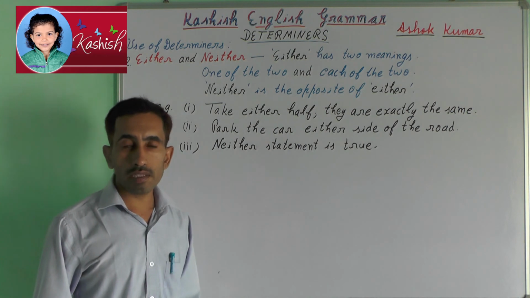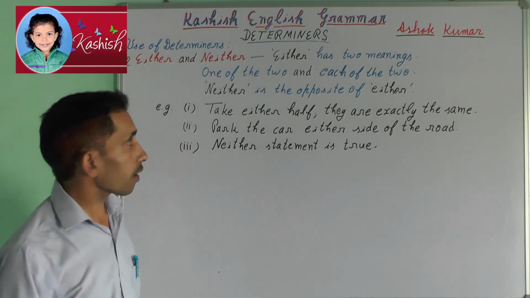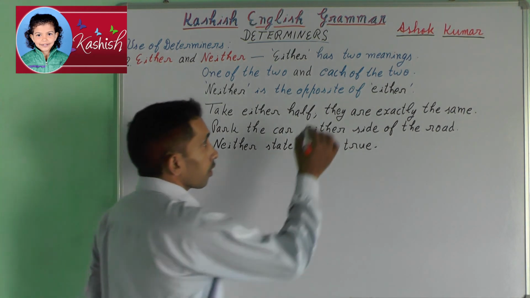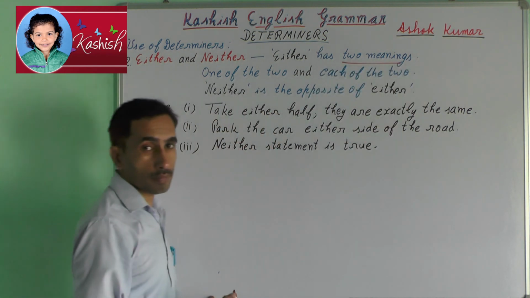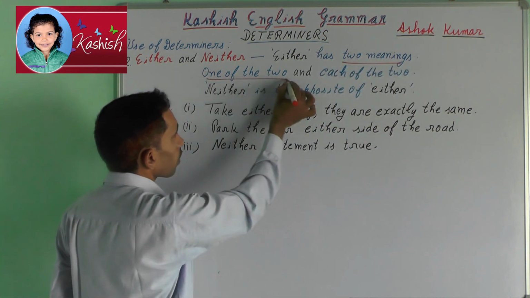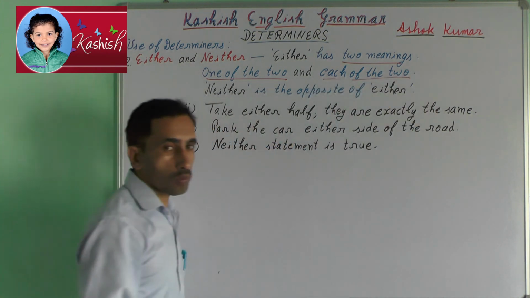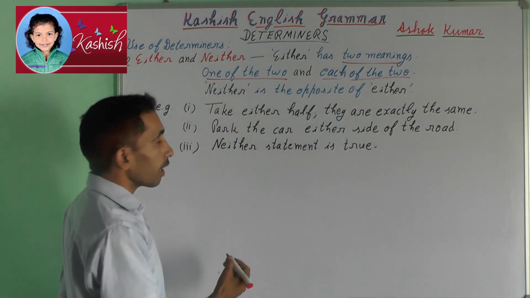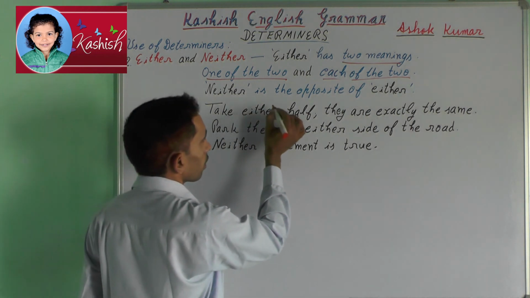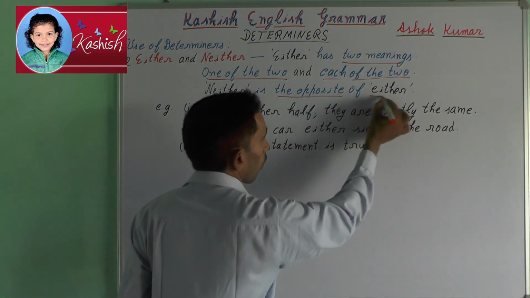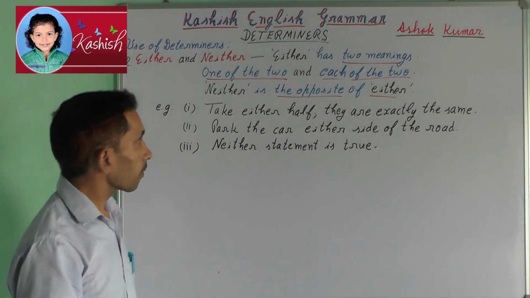Second, either and neither. Either has two meanings: one of the two and each of the two. Neither is the opposite of either.